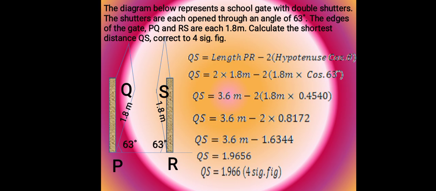Now we simplify, we find that length PR is 3.6 meters, and then 2 multiplied by the hypotenuse, which is 1.8, the length of one gate, multiplied by cos 63 to find how wide the gates have opened. Now solving, you get that QS is 1.9656, and writing to 4 significant figures, 1.966.